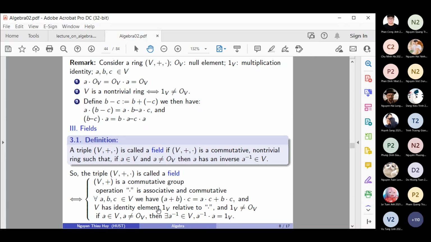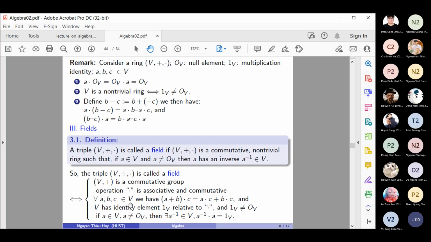And V has an identity element relative to multiplication, because now you have non-trivial things. So 1V should not be 0V, because here you have the property above. So 1V is not 0V.